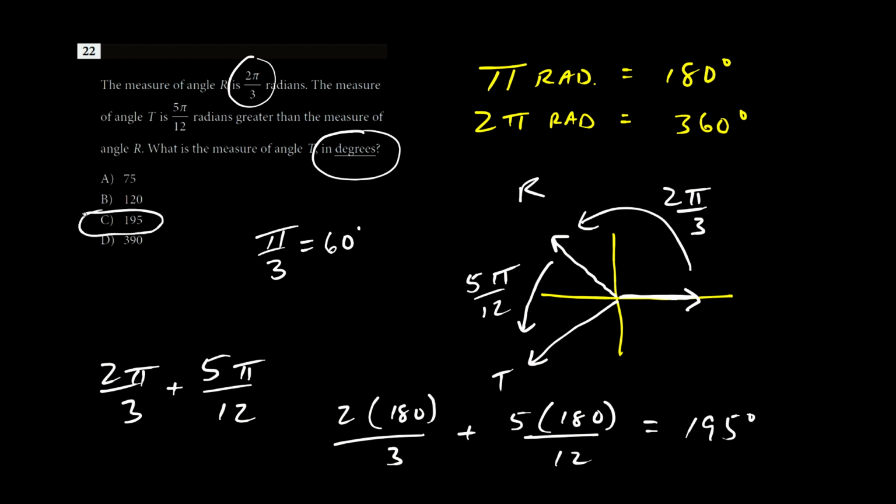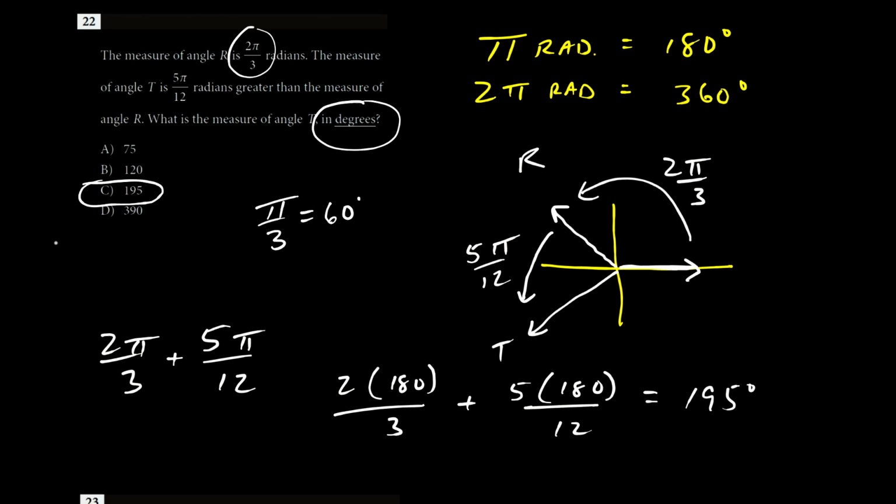Now, another way you can do this is some people are just comfortable with these values, usually at the end of an advanced algebra course or in a pre-calculus course. They're fairly comfortable, and they would just know that 2 pi over 3 falls in this quadrant here, and 5 pi over 12 is less than 90 degrees. So the only answer that would actually make sense is choice C, is another way to look at it.